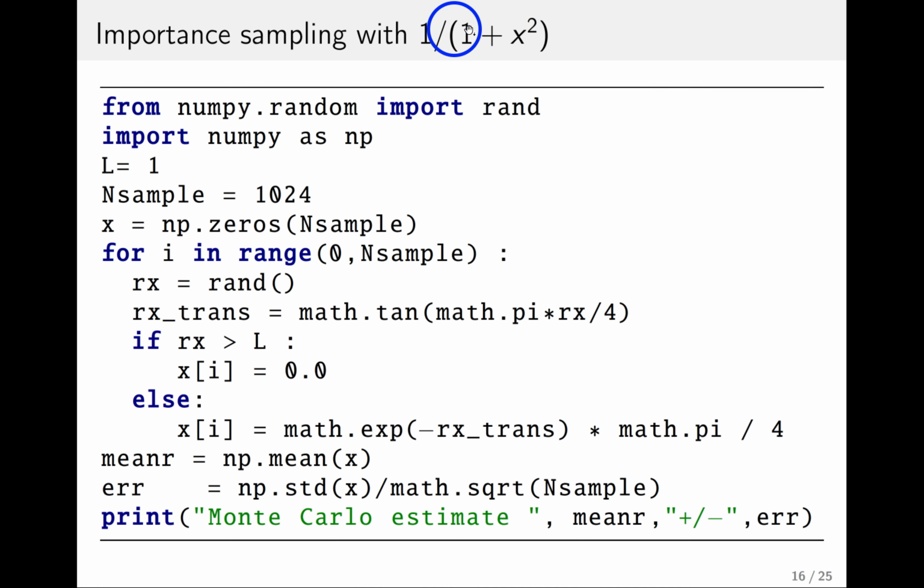We generate random numbers from 1 over 1 plus x squared, and then apply the exponential of minus r(x) to them, where r(x) has a probability distribution of 1 over 1 plus x squared with some normalization factors. Then, once we've generated the function applied to the random numbers, we take the mean to get the central value, and more importantly, we compute the error, which is the standard deviation divided by the square root of the samples.